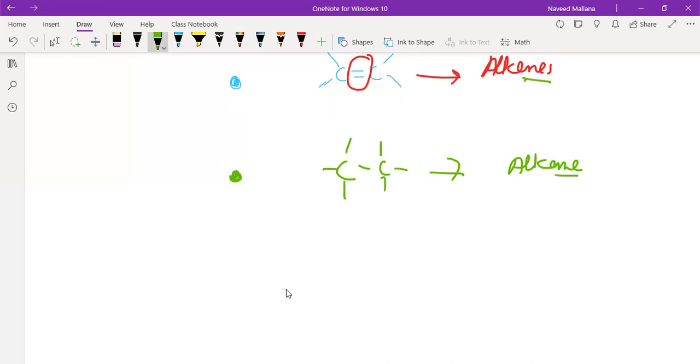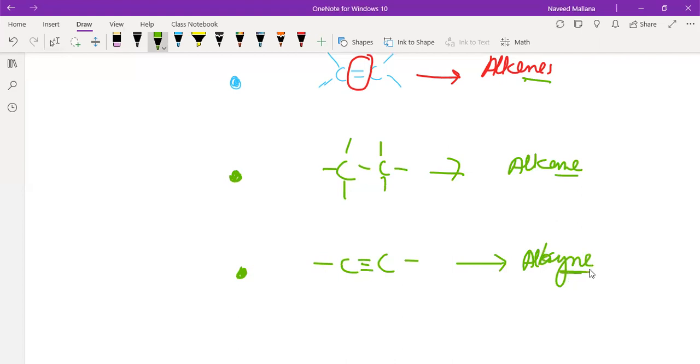Okay. Now one more example in which carbon carbon are bonded by triple bond. These molecules are called alkynes. YNE.